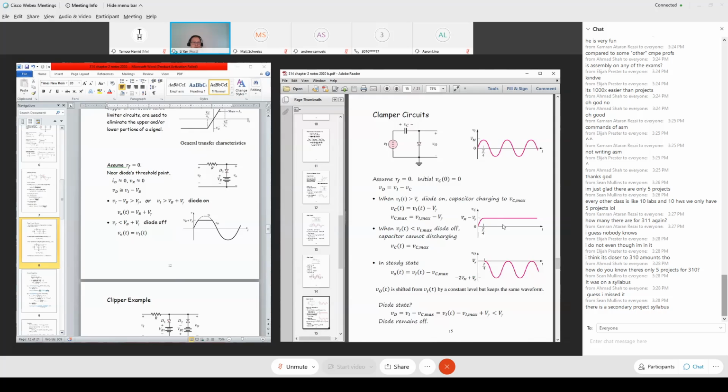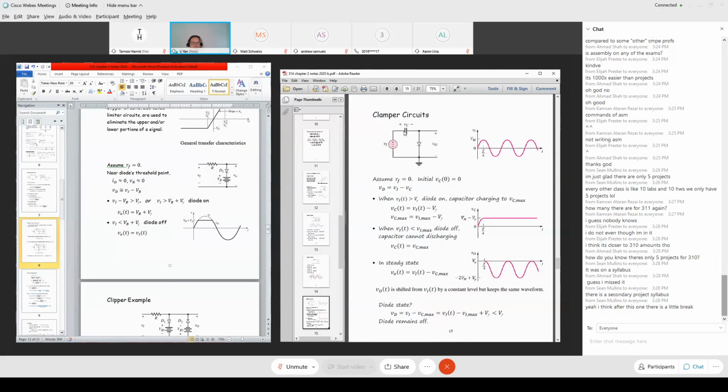So what's the output? The output is the input voltage subtracted by the constant capacitor voltage, which equals the maximum. So it's the input voltage waveform shifted down by this amount.